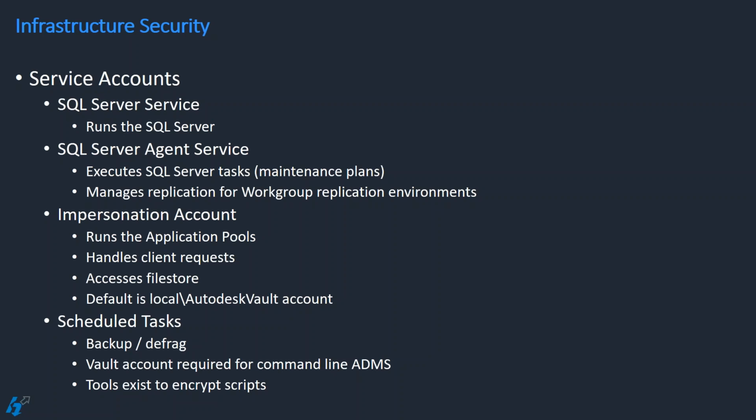Now, that script is usually stored on the server, so someone would have to get access to the server and the ability to read that file in order to get those Vault credentials. And so it's not really that big a hole, I would say. But it is something to be aware of. And I know tools do exist that essentially run scripts, like an executable program that would in turn run a script that had been encrypted.